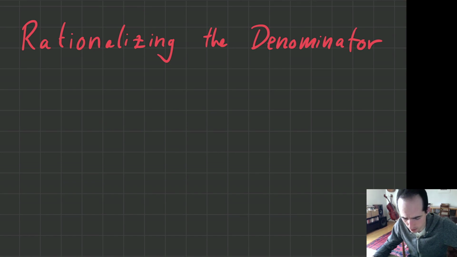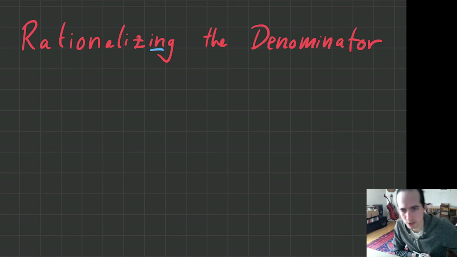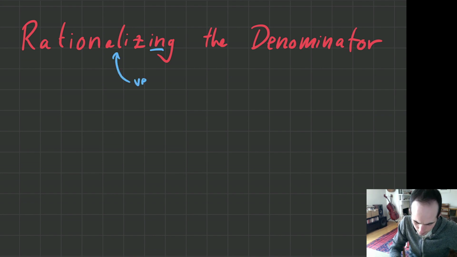Let's start first of all by talking about what we're going to be doing here. So we are going to be rationalizing, which means that this is a verb, right? This is a verb, so it's an action. We're going to be performing an action on something, and that something is the denominator. So there is our noun.